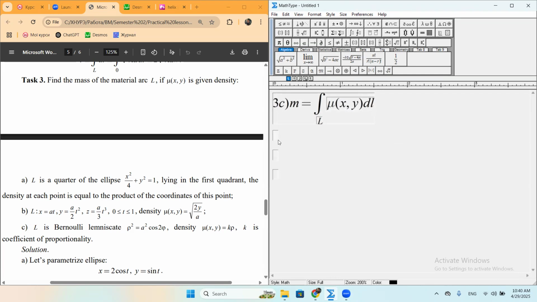So the formula is the following. The lemniscate: rho square equals a square cosine of 2 phi. And the density equals k rho.